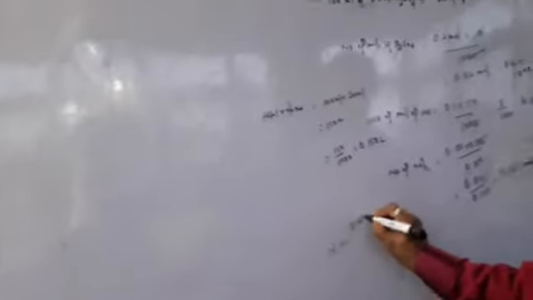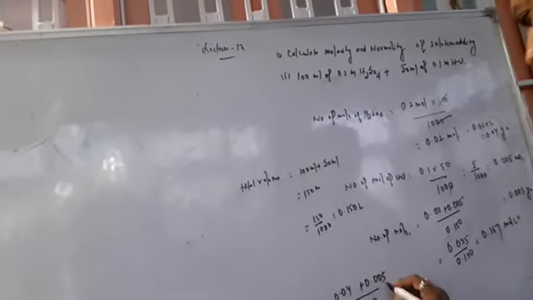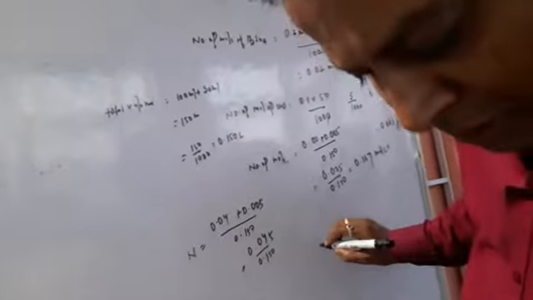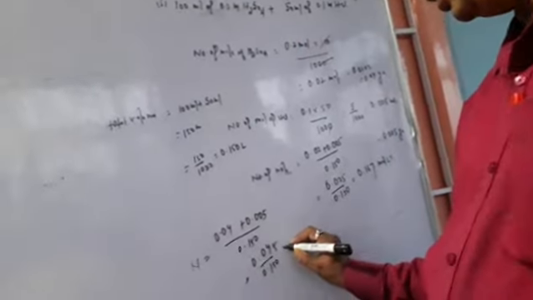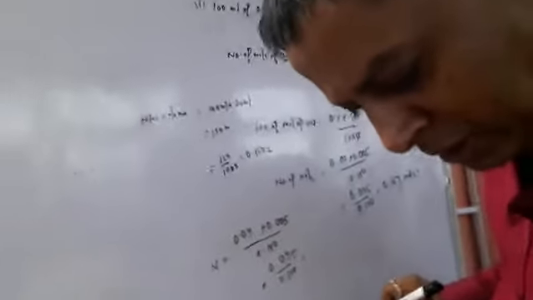When we calculate the normality, it is the number of gram equivalents, that is 0.04 plus 0.005, upon 0.150, that is 0.045 divided by 0.150, which is equal to 0.3 normal.